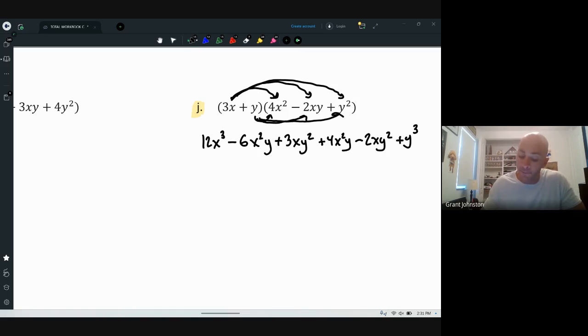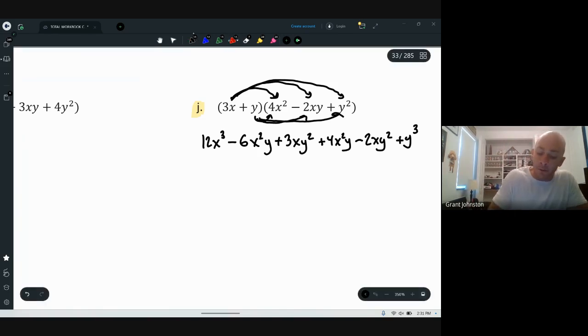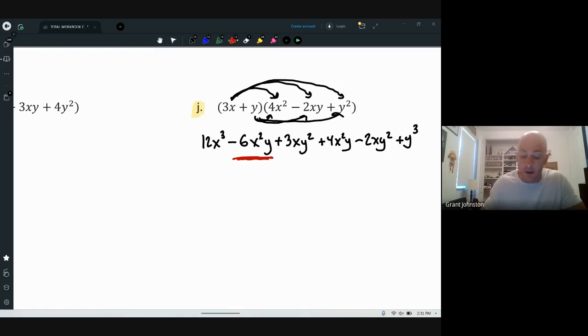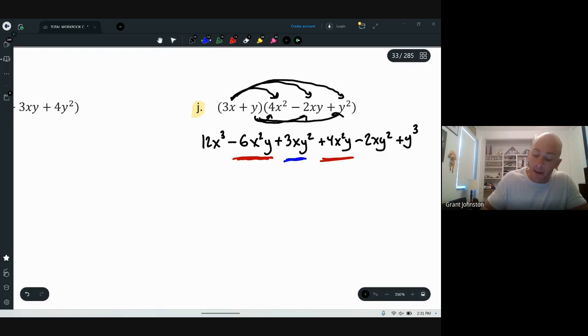And then combine like terms. This is where it looks a little goofy. You have to be very careful. So this, underlined with red, this negative 6x squared y will go with the other x squared y. And then this xy squared will go with the other xy squared.